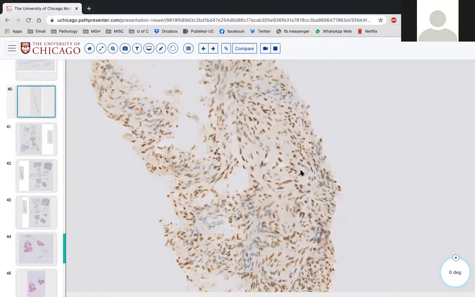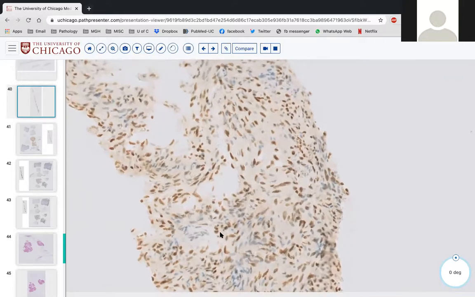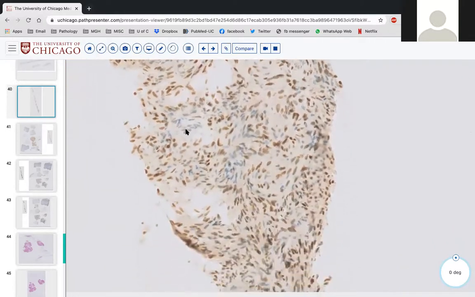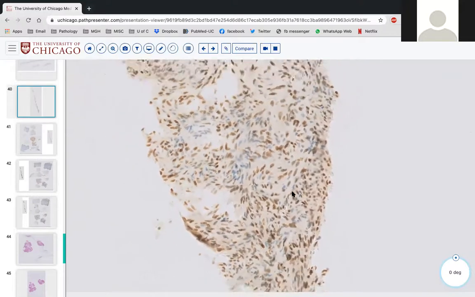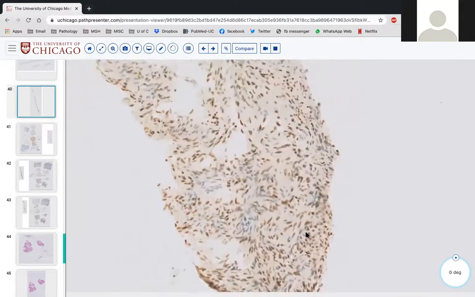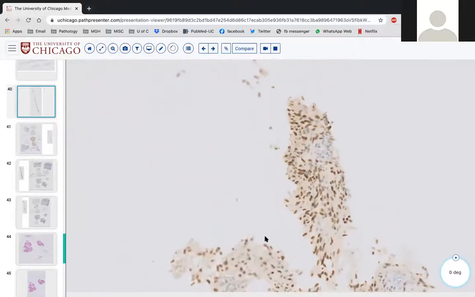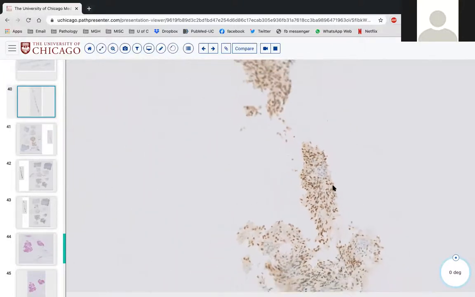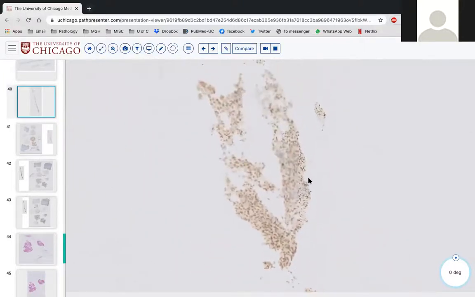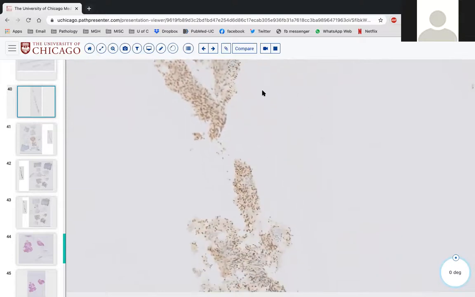So here's our SOX10. This lesion looks very monotonous, but the staining is a little bit off, which unfortunately happened in most of the stains, but we can see that SOX10 is definitely positive. All right, so Brooke, would you change your one-line diagnosis or would you add your differential in a comment?